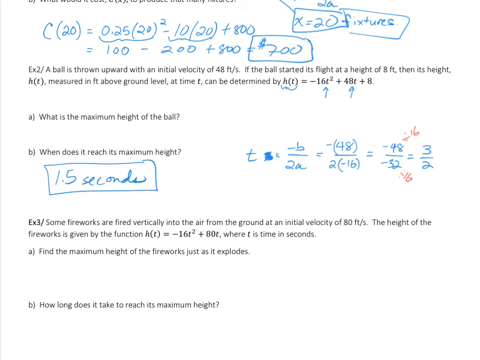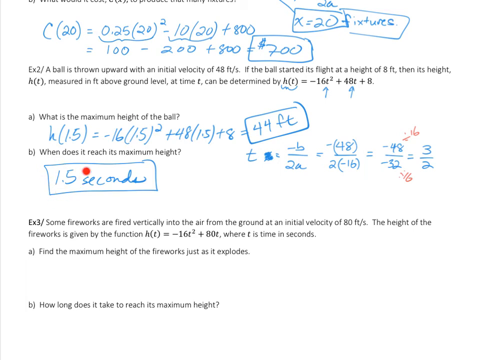So then, since we're really just finding a vertex for all of these, you're just going to take 1.5 seconds and put it in here for t, and t, and t, and just report back 44 feet. So again, if you can take the time and you just put it into the function and you crunch all these numbers down into one number, you get 44. And since h is representing a height, height is measured in distance, so it'll be 44 feet.